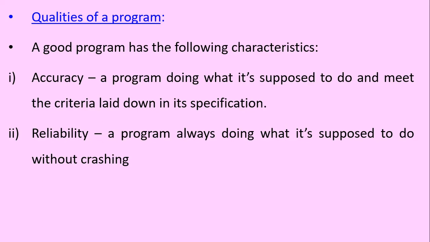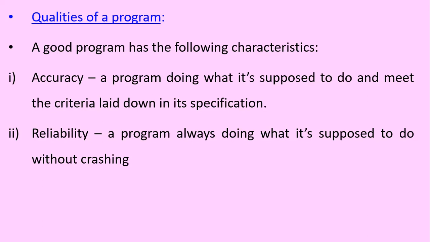When we talk about reliability, we are simply saying that the same program should always be able to produce the same results without any changes, unless those changes have been introduced by the programmer. So a program should always do what it was supposed to do without failing. That is also another aspect of reliability.